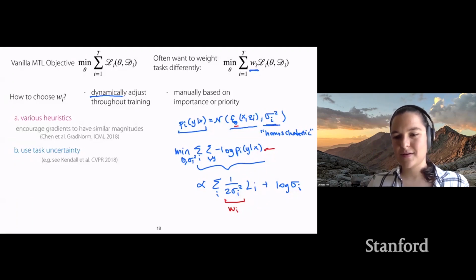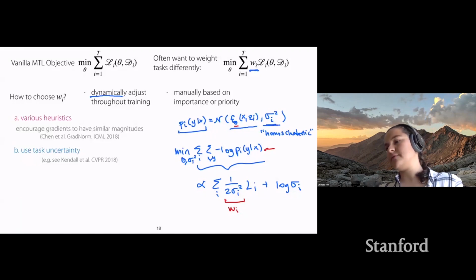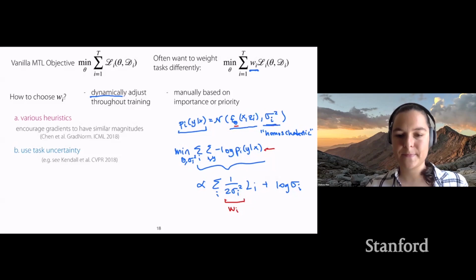Yes. How do you know the labels are Gaussian? Right. So in the paper, they also derive this for a cross entropy loss as well. This derivation is specific to regression problems, using mean squared error, for example, or assuming a Gaussian distribution. But if you have discrete labels, then you can also derive a version of this. Cool.